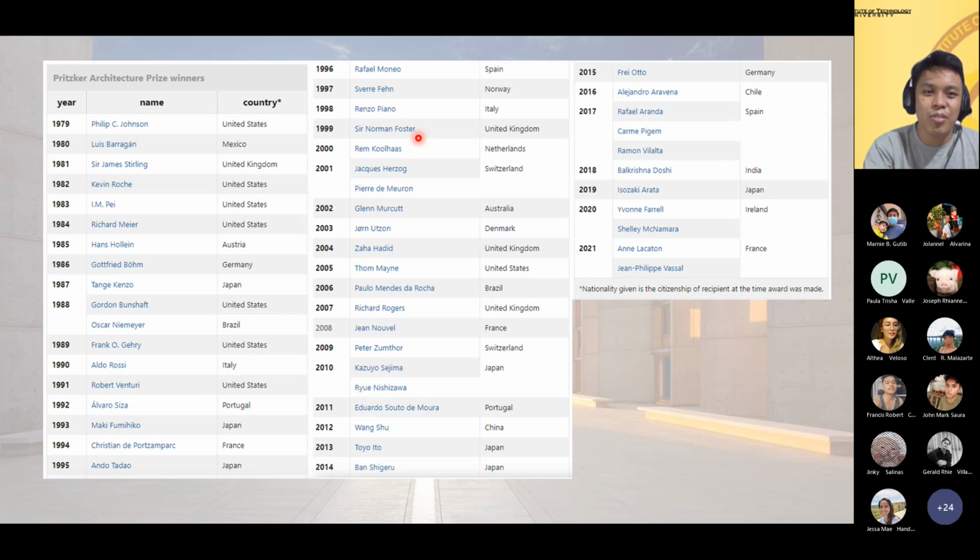Because most of the buildings that come out during the board exam are based on these Pritzker Prize awardees. They just go around in circles. Aside from the previous historical styles that we discussed, mostly what comes out in the board exam are from the Pritzker Prize winners, from Philip Johnson in 1979 up to 2021.